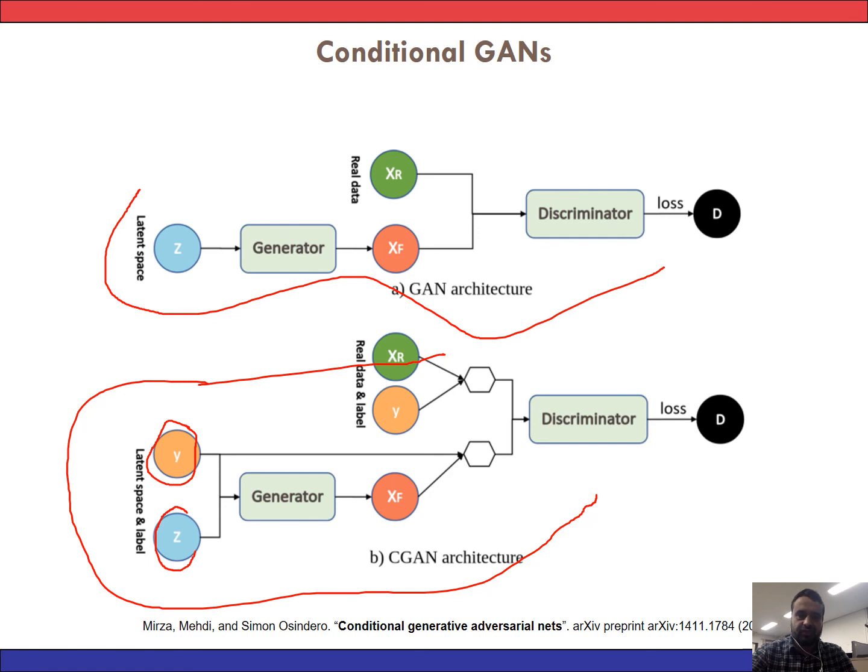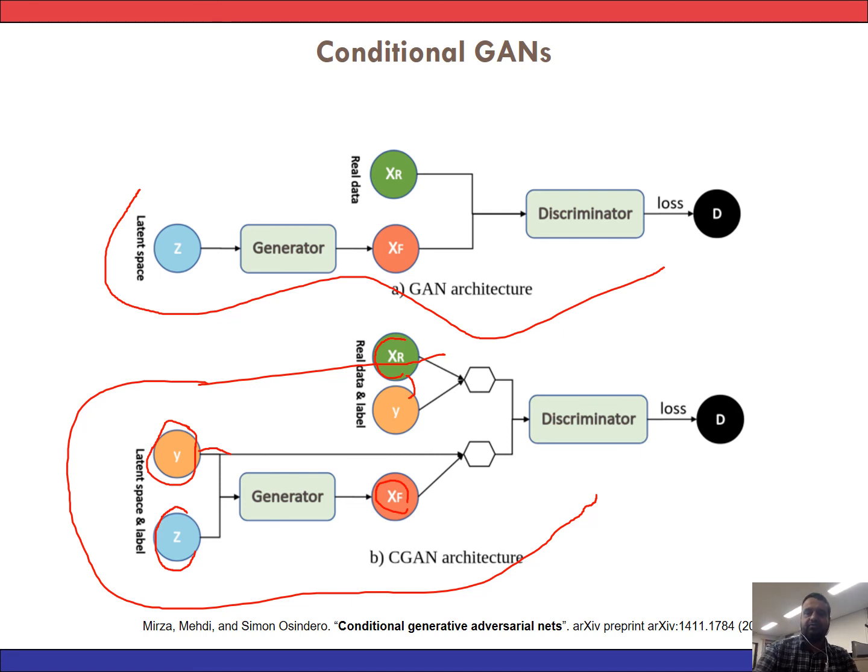We give both as input to the generator, and the generator generates this as output, and we then concatenate that target with this image and give it to the discriminator. In terms of the real image, we give the real image, concatenate the target with it, and give it to the discriminator.